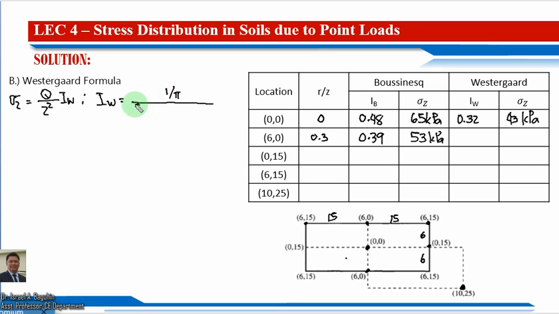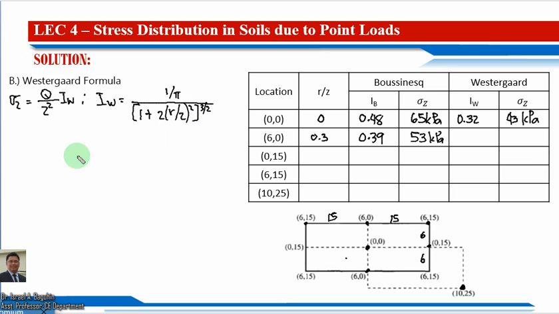Then this quantity here, 1 plus 2 times R over Z raised to the power of 2 and to the exponent of 3 halves, okay?